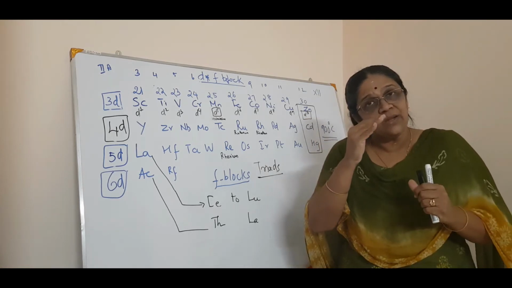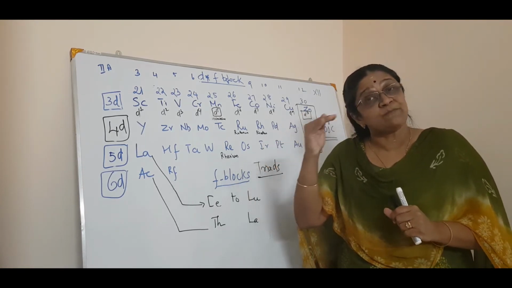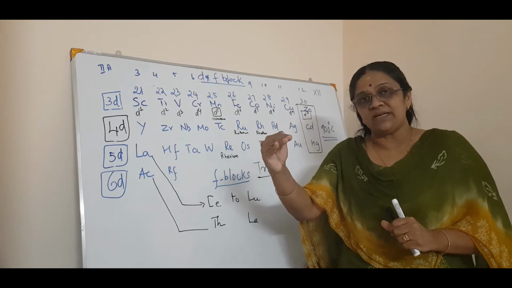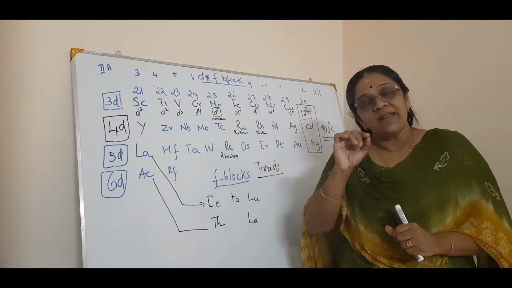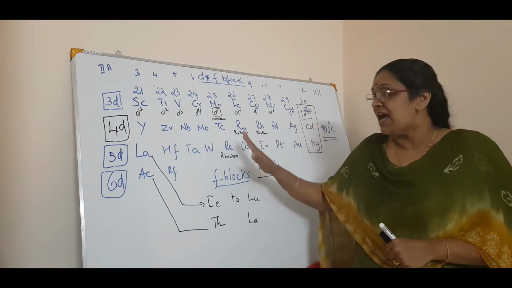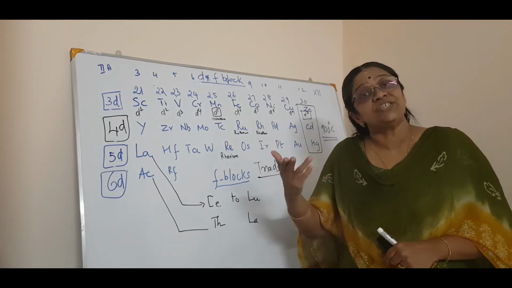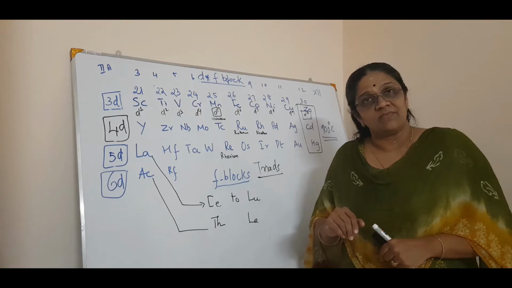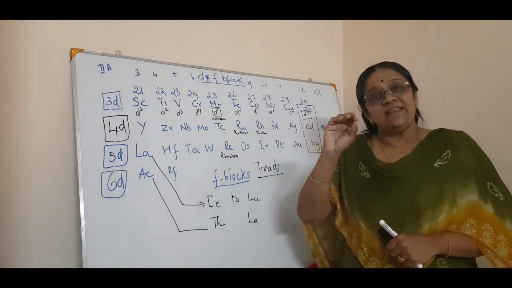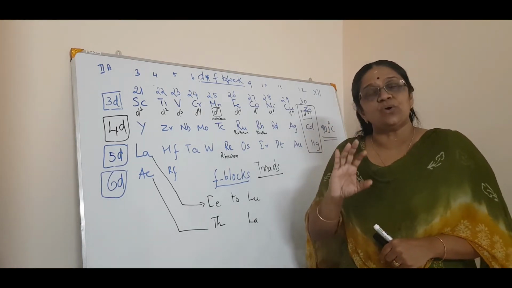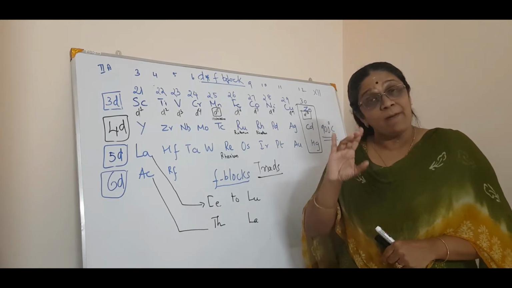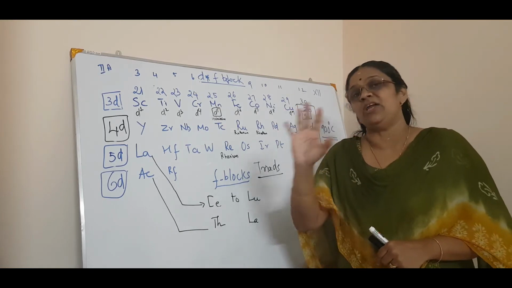Filling up of d1 to d9, that is called partly filled d orbitals. Two conditions. One, in the ground state. Ground state means as it is. And also in its common oxidation state. That means in the common oxidation state also, it must have partly filled d orbitals.